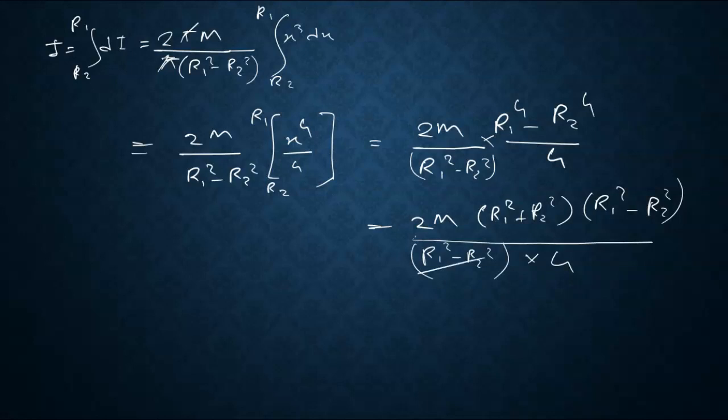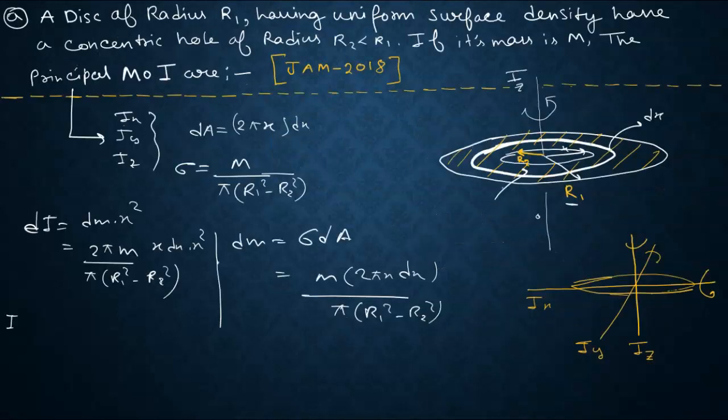So r1 square minus r2 square cuts out, 2 to the 4. So the final answer we get is m (r1 square plus r2 square) by 2. So that is our Iz. Iz means this part.